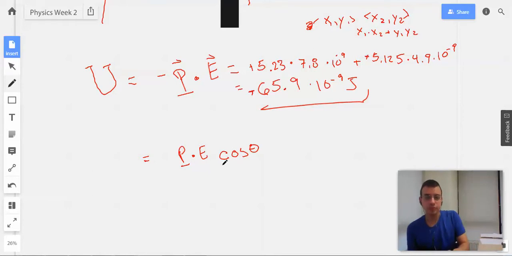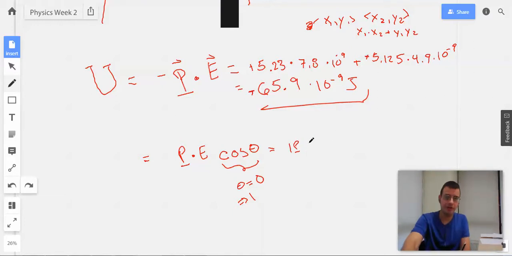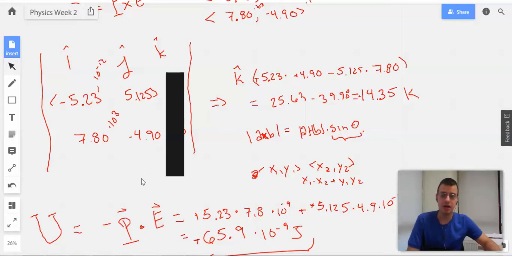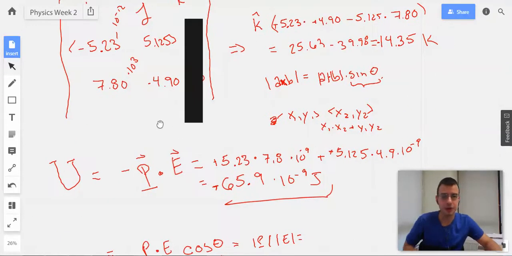Yes. And the maximum that cosine of theta can be is 1 when theta equals 0. Therefore, this equals 1. So this is going to be the magnitude of P times the magnitude of E. So we need to find the magnitudes of these. Okay, let's do this.